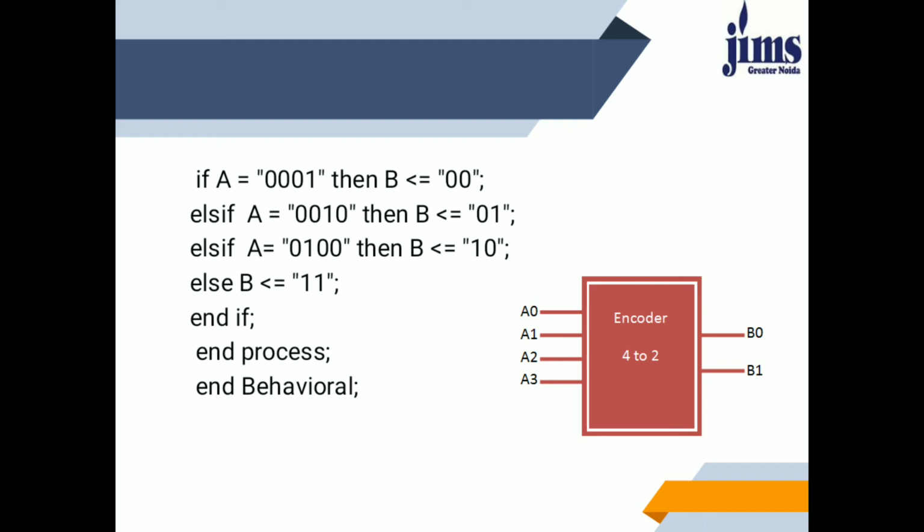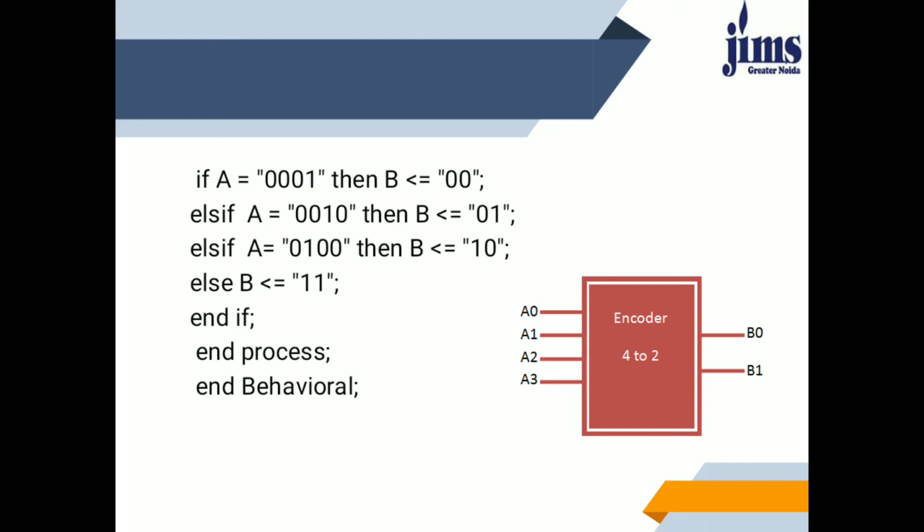So the first condition can be taken as A0 equals 1 and the rest of the inputs, that means A1, A2 and A3, are 0. In this condition, the output, which is 2 lines, can be defined by 0, 0. Now, if we consider the priority of A1 as high, then the output will be 0, 1.